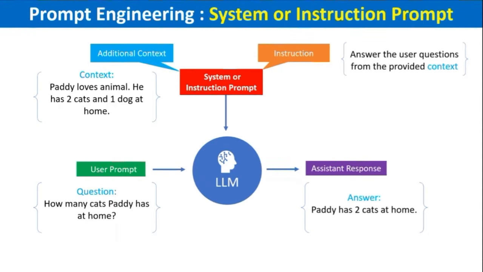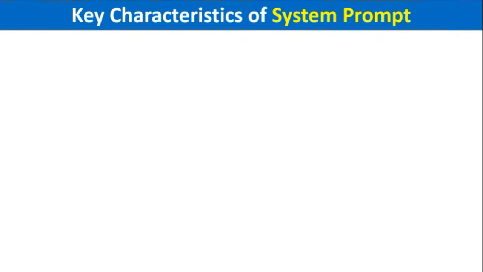Here, the LLM was instructed to answer this user question from the provided context and not from its own memory. So you see here, the LLM is following the instruction to answer the user query from the provided context and not using its own knowledge base.